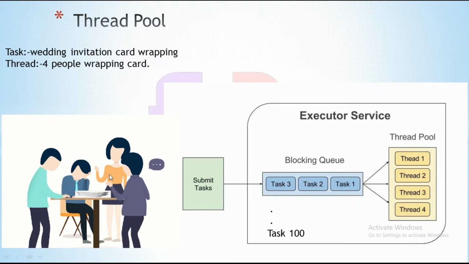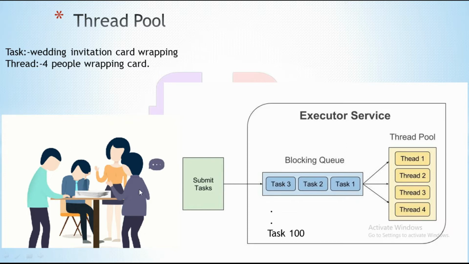Here you can assume we don't call new people for wrapping a single task. We already set these 4 people, and we already told them they have to wrap a total of 100 cards. The first person takes one card, and the second, third and fourth people also take one. Whoever finishes wrapping their card takes a second task.